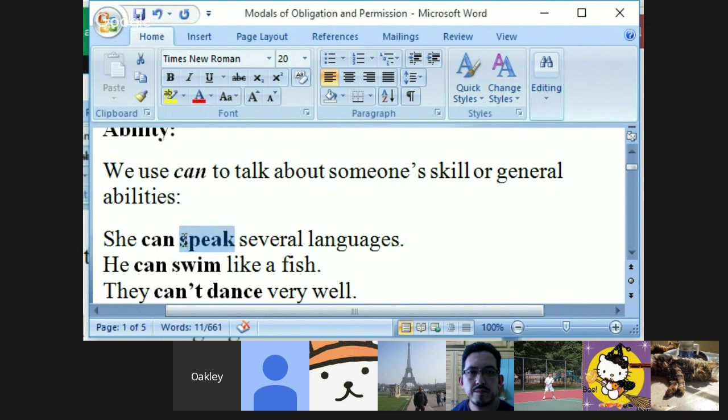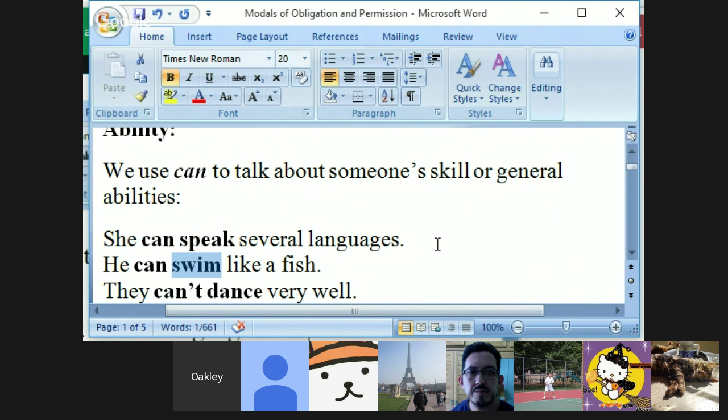You will notice that the modal verbs are followed by the infinitive form of the verb without to. We can't use a past tense. She can speak several languages. We can't use different verb tenses. She can speak different languages.